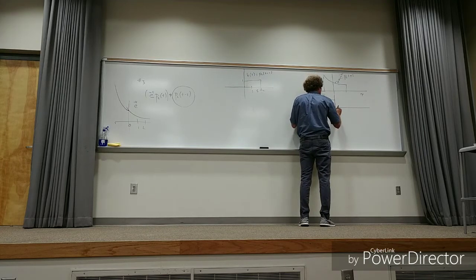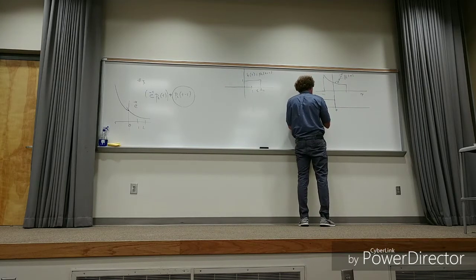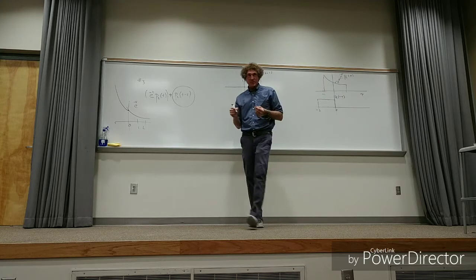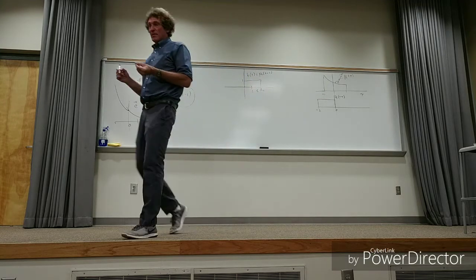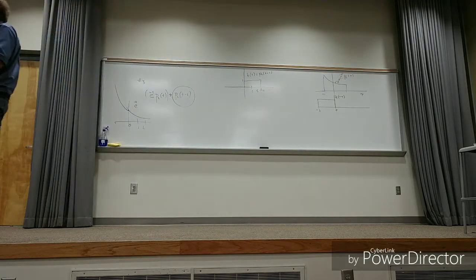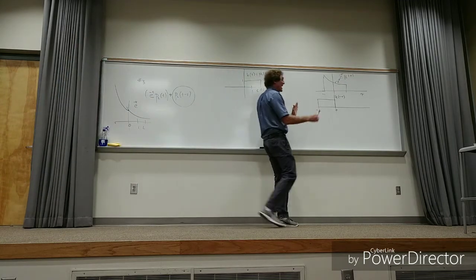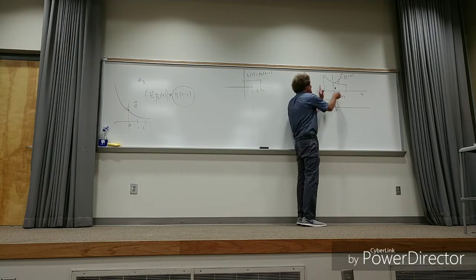Here's 0, here's minus 2, and that would be h of minus tau. Correct, class? You all see what I'm doing here? I took the original function and simply flipped it around because now the argument is minus tau. But observe, even when t is 0, there is already this much overlap.